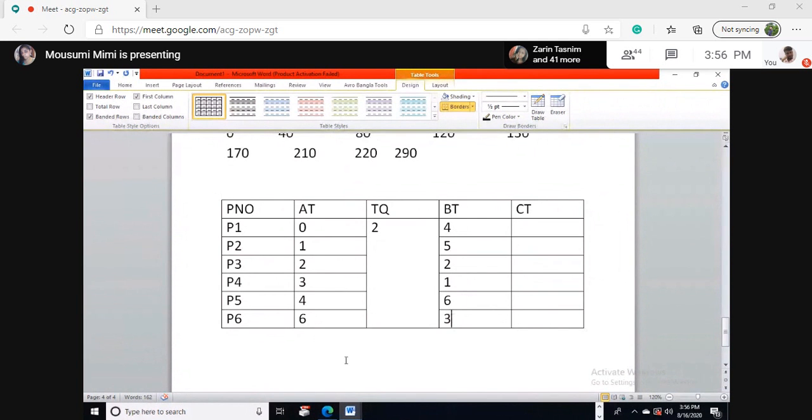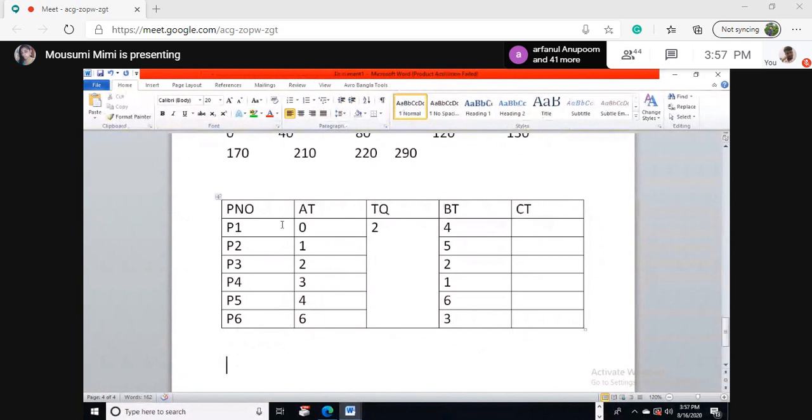Okay. Now in this problem, you see there are a total of 6 processes. Time quantum is 2 and I also put the arrival time. As I put the arrival time, you see the first process that comes is my process 1.